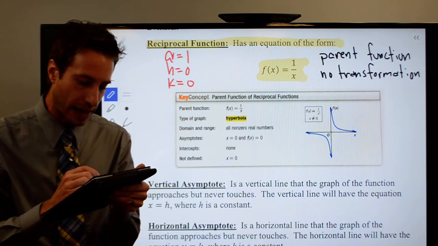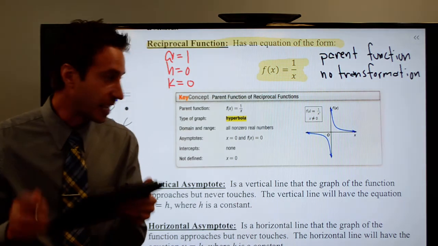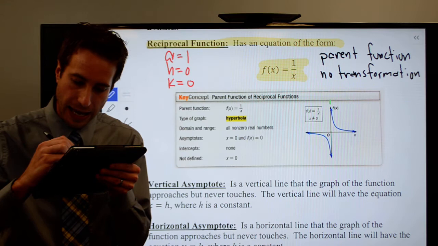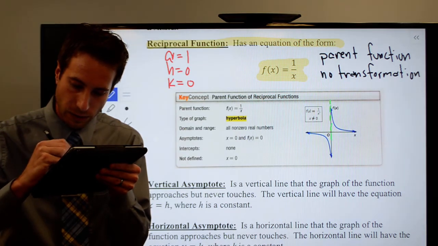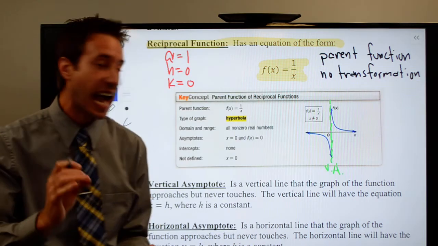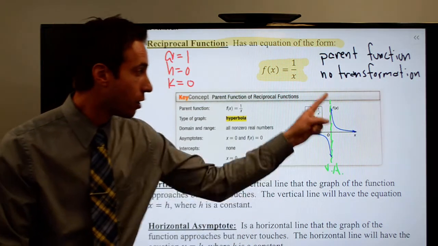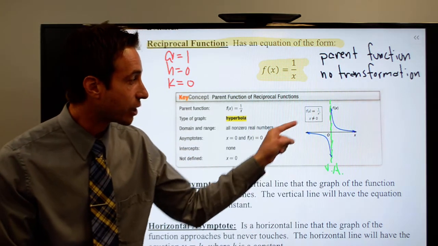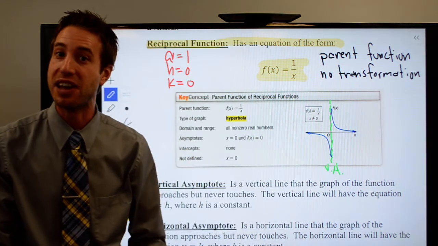Really what I want to point out to you is this right here. This parent function has a vertical asymptote at x equals 0, or the y-axis is a vertical asymptote. That's going to be a line that the graph will approach but never touch.